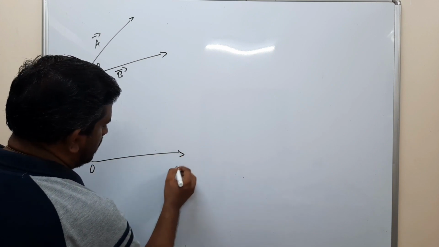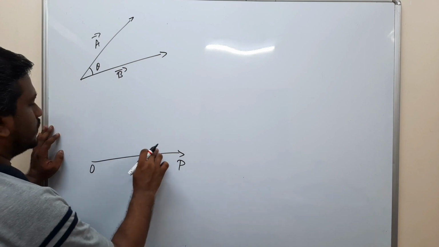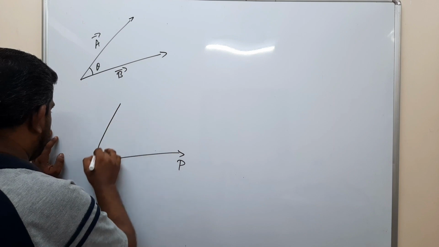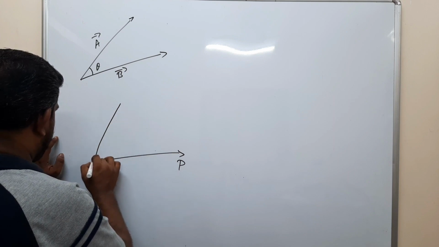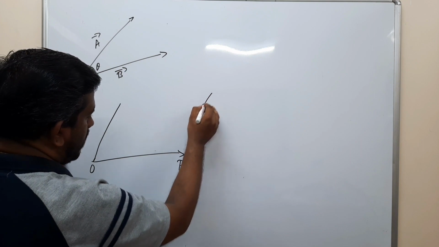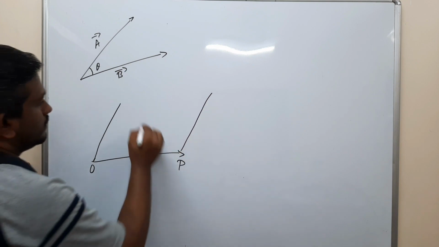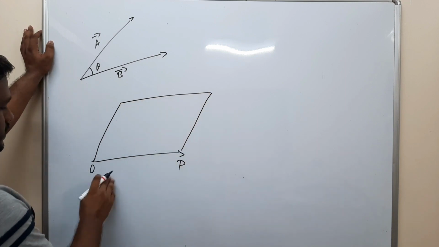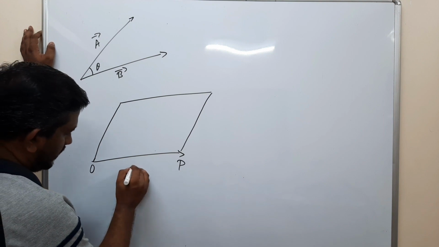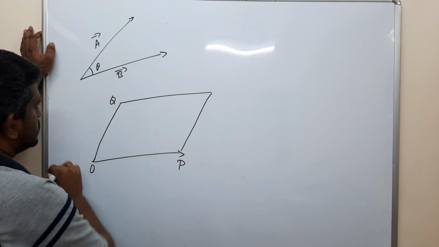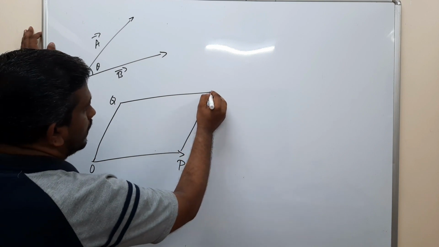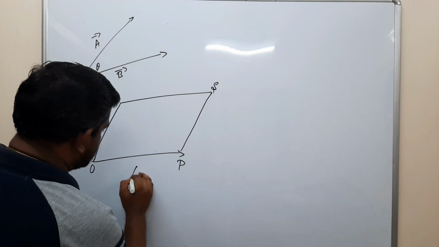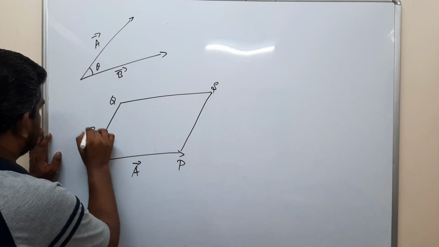Two vectors OP and OQ, this is A vector and this is B vector.